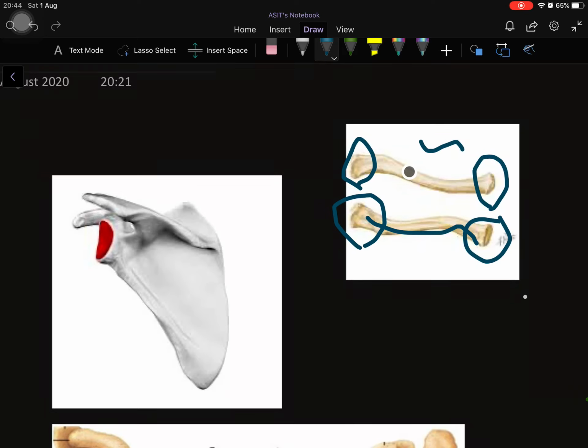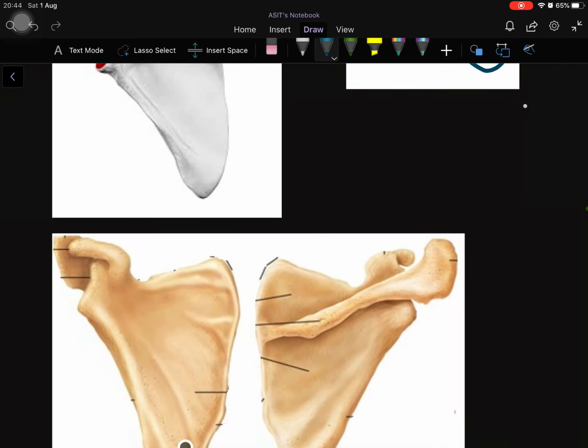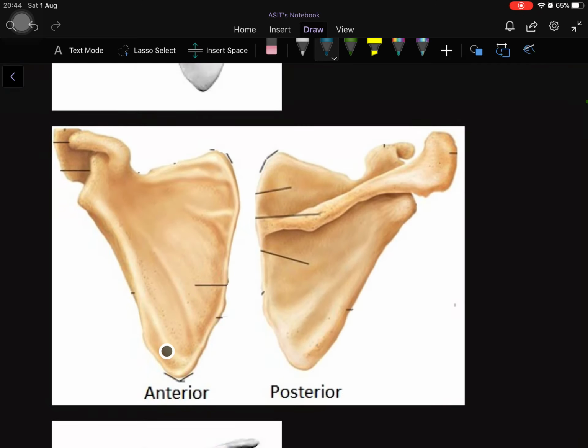Here will be the anterior, and this will be the medial part, with the lower surface and upper surface of the medial part. The ligament will be attached here, which is connected with the scapula. This is the anterior side of the scapula, and this is the posterior side.